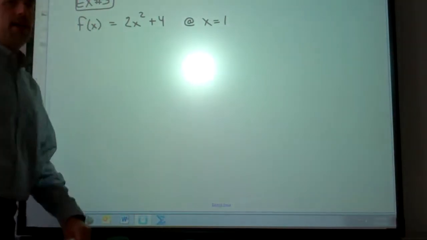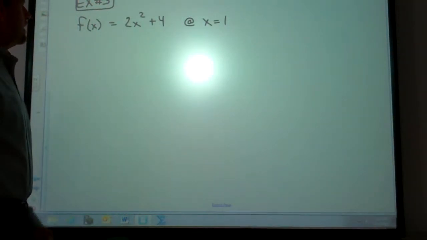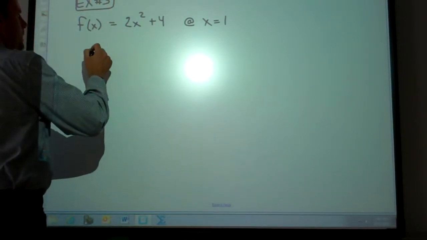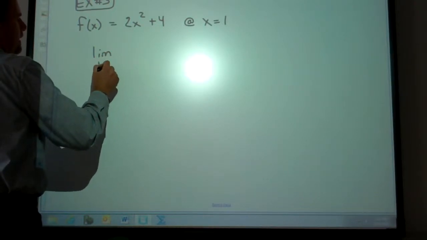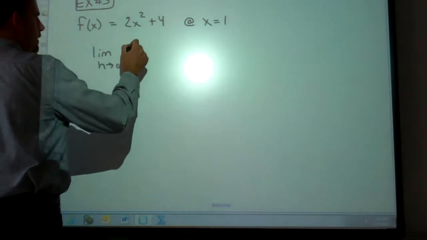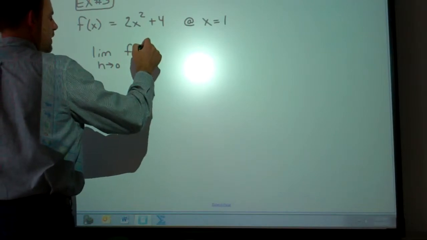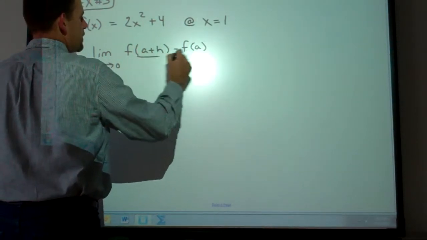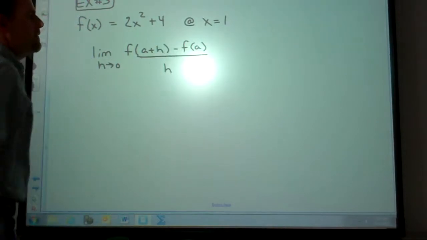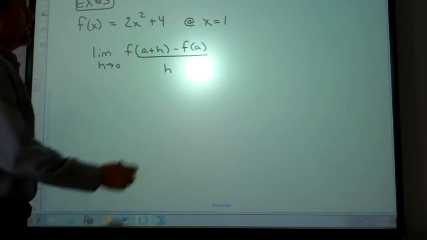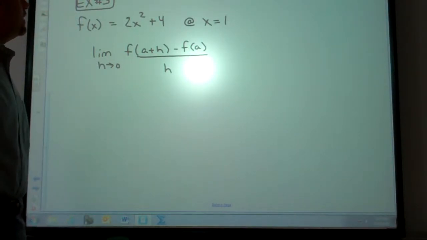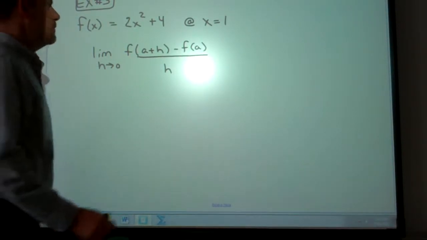So let's attempt to find the slope of the tangent line to the curve 2x squared plus 4 at x equals 1. Since the limit formula we're going to look at is the limit as h goes to 0 of f of a plus h minus f of a, over h, and we still have an f of a value in here, at the point a comma f of a, we're going to need to find f of 1.